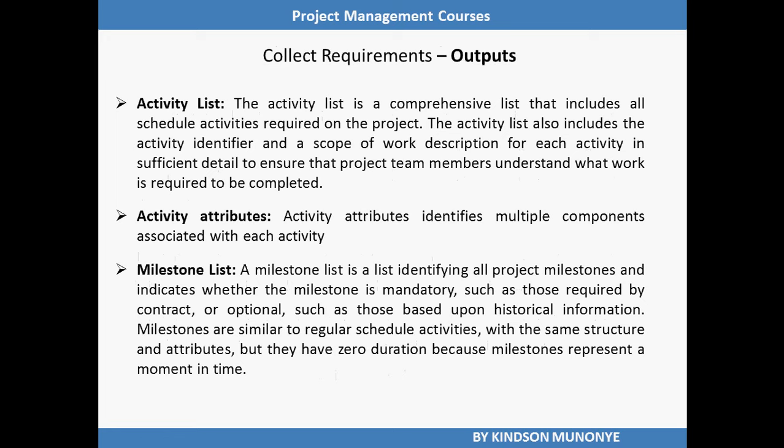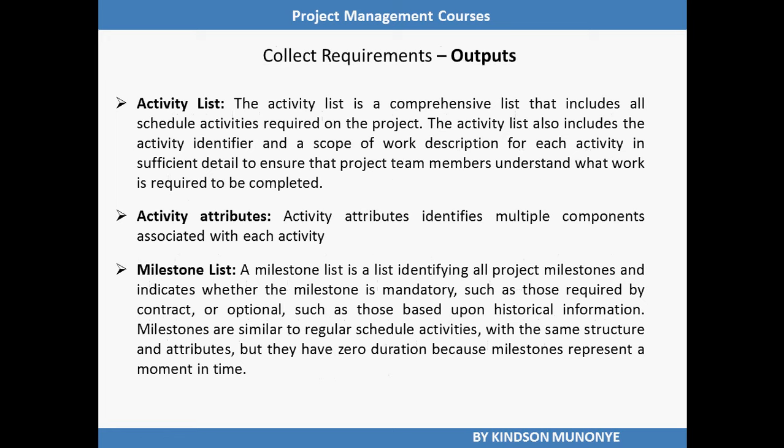The activity list also includes the activity identifier and a scope of work description for each activity in sufficient detail to ensure that project team members understand what work is required to be completed. Activity attributes identifies multiple components associated with each activity.